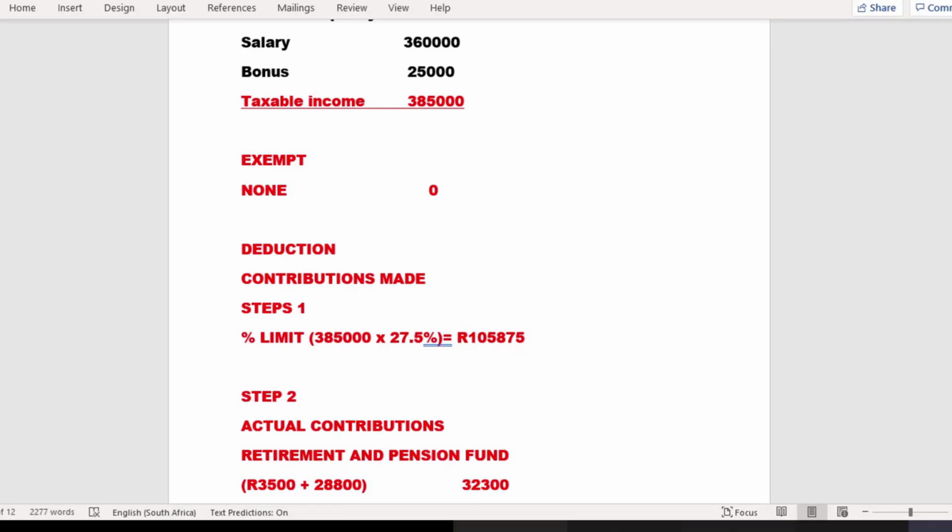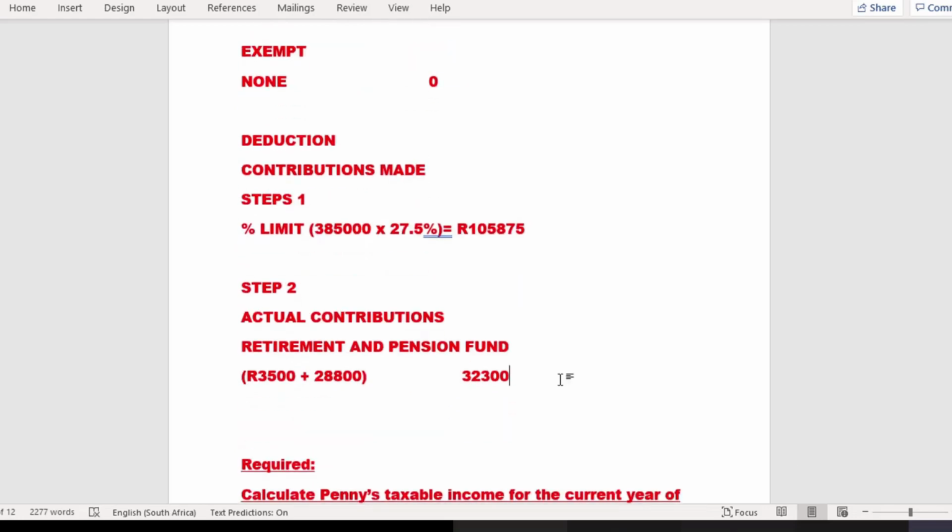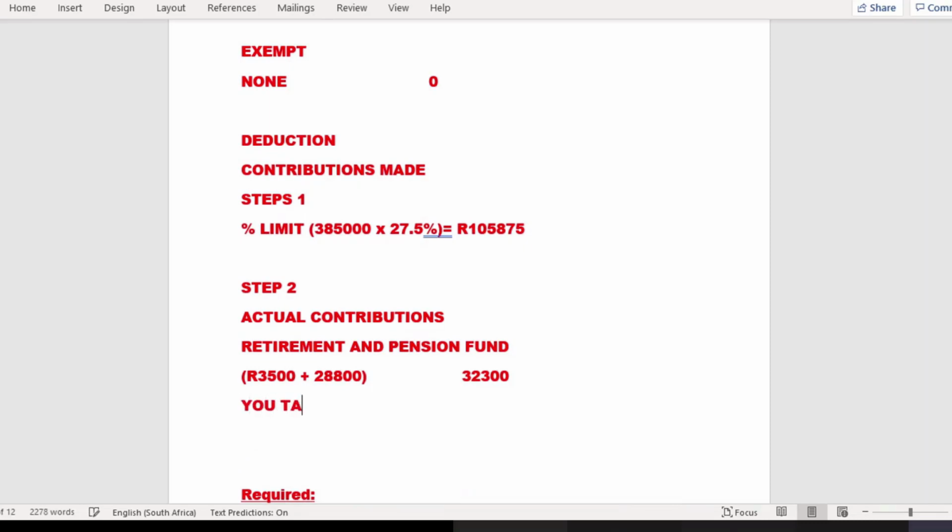So you're done with your step two, and then you bring what's called the lesser of 350,000. Remember, that's your standard rate. Remember the 350,000 rand is something that you must just know. It's not going to be given to you in the exam.